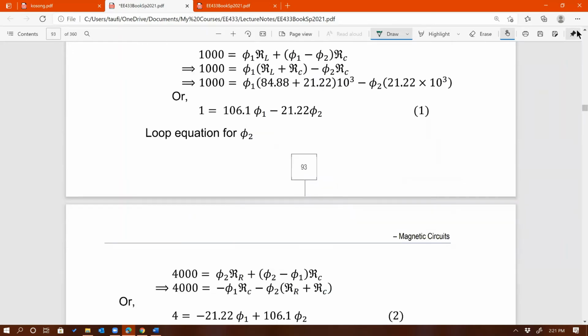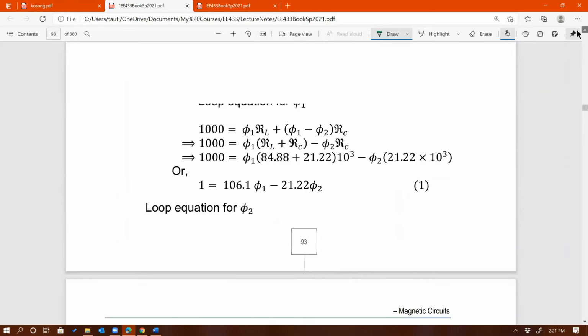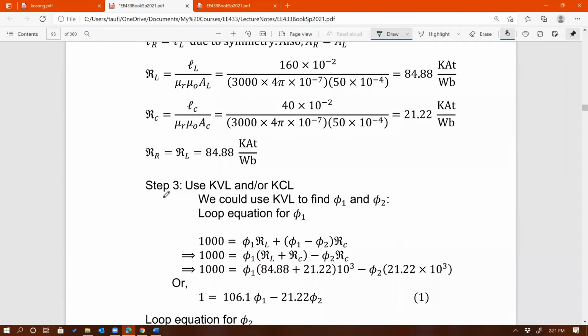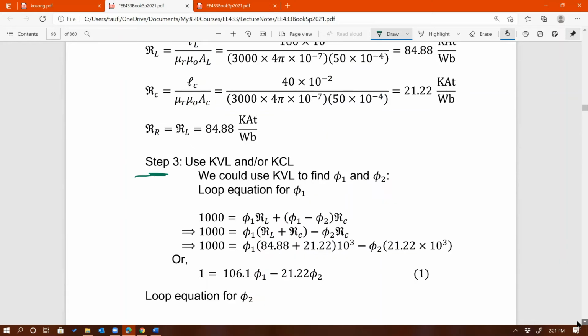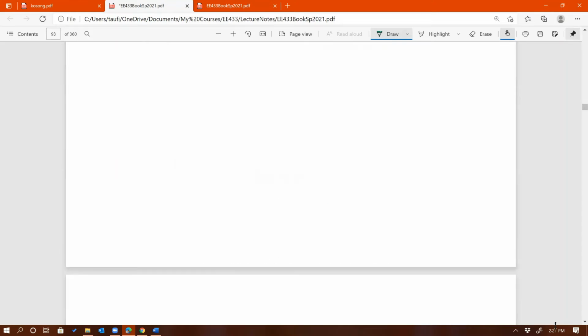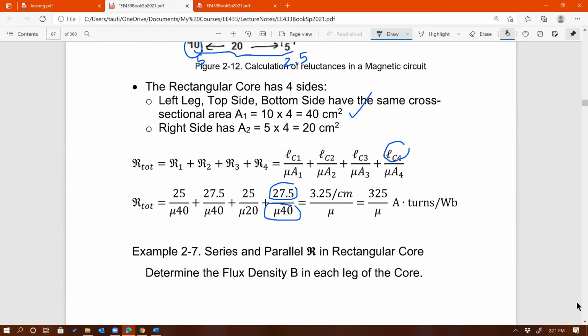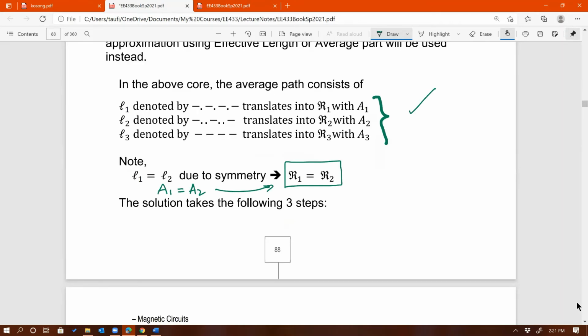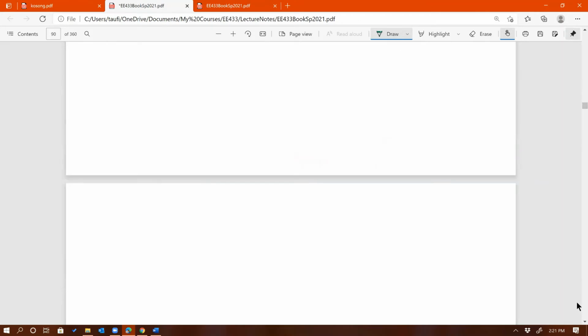Okay, and then what is it? Right there, sorry. Then step number 3, once you already found the reluctances, then you can apply KVL, right? In this case, we have left-hand loop and right-hand loop, right? On the left-hand loop, what do you have there? Let's check. Sorry about that.